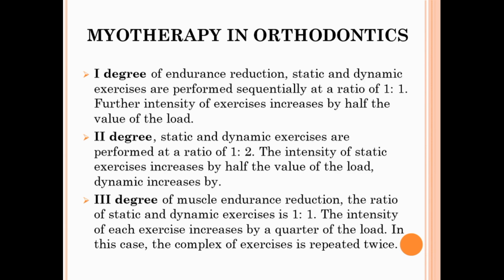In accordance with the degree of endurance decrease, the intensity of each exercise is selected. With the first degree of endurance reduction, static and dynamic exercises are performed sequentially at a ratio of 1 to 1. Further intensity of exercises increases by half the value of the load.